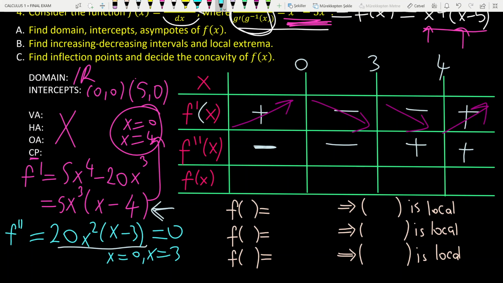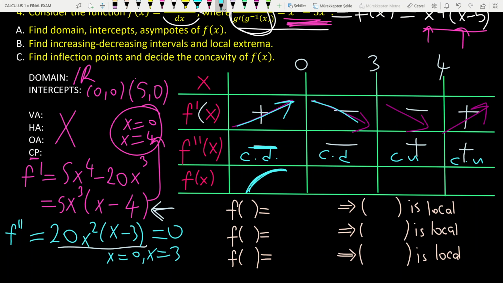Since f double prime is negative here and f prime increases, you have something like this. Okay, and it is concave down, as you see, concave down, concave up, concave up.